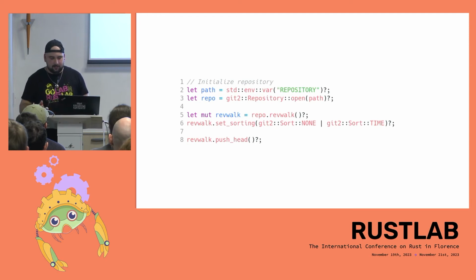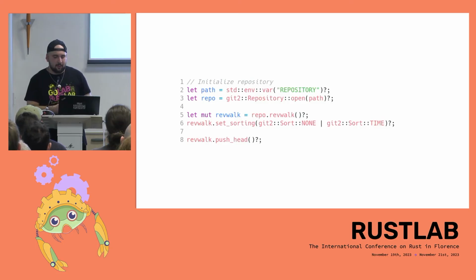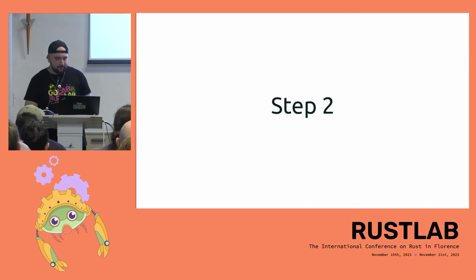And then I set some sorting flags, and I want to use the Git history sorted by time. So I just set that, and I push head, which means I want to start from the end of the Git repo. If you work with Git, you probably know what head is, and that's just saying that I want to use head as the starting point.